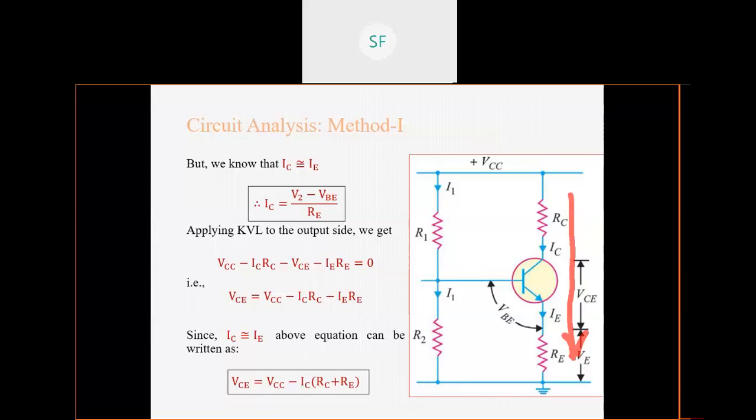So now how many voltage drops are there? Voltage drop will be there across RC. We know that current component IC is flowing in downward direction. That means the polarity of the voltage drop across RC will be plus minus, because current always flows from positive to negative.